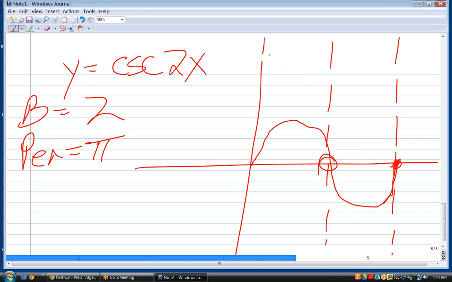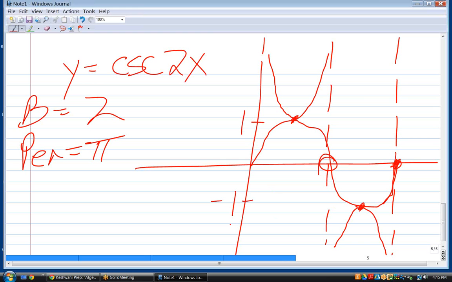Okay? So the cosecant is going to sit on the peaks and valleys of the sine, and in case you don't remember why that is, if sine is equal to 1, well, the reciprocal of 1 is 1. If sine is equal to -1, the reciprocal of that is -1. So these always have to meet right there at 1 and right there at -1.